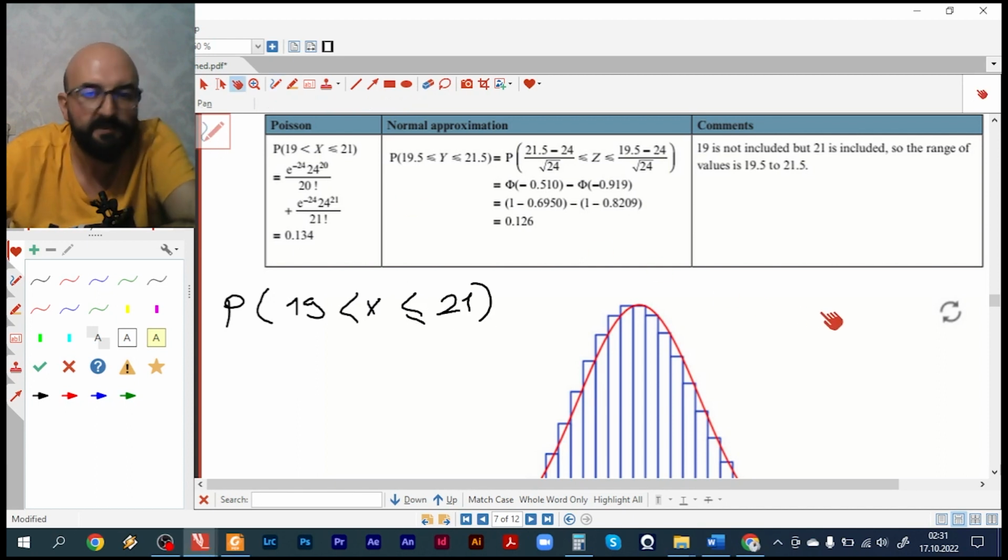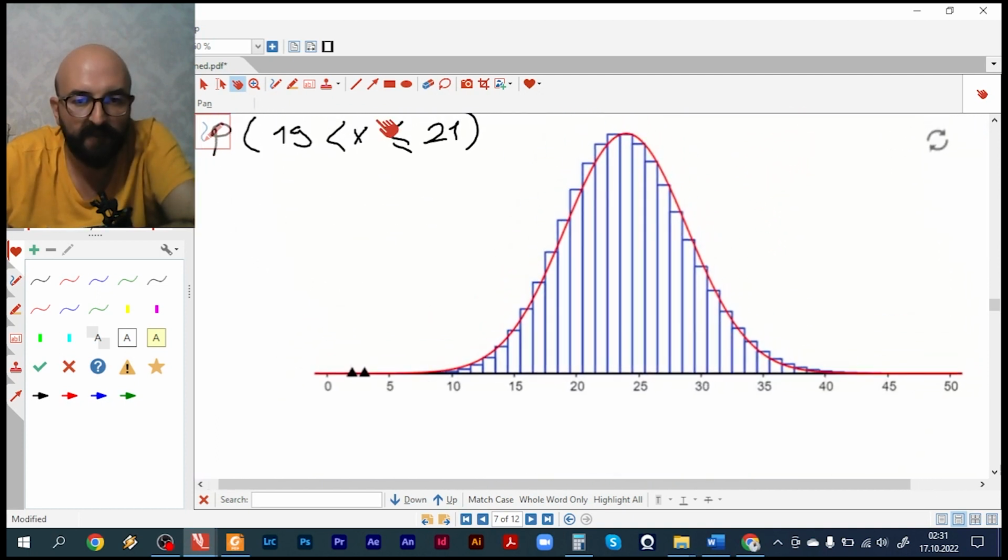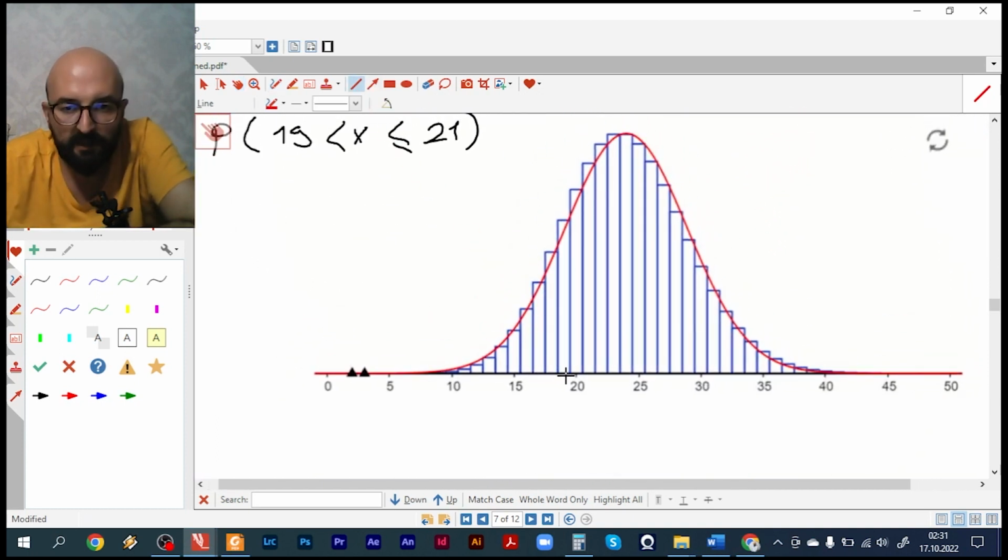And please remember that 19 means the middle of this rectangle, and 21 means the middle of this rectangle. But the rectangles are with regard to the Poisson distribution, and you want to pass to the normal distribution.